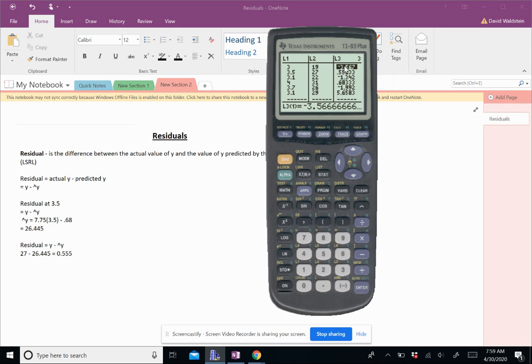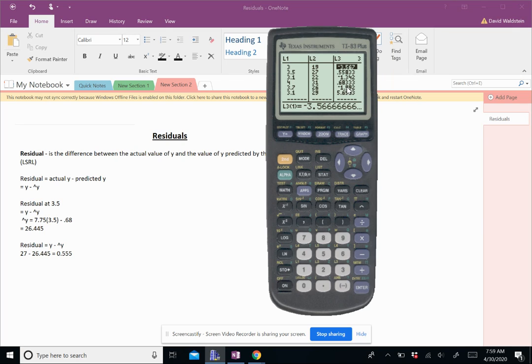And this is going to give me the residuals for each of my points. So a negative residual means it's below the line, a positive residual means it's above the line, and then we go from there.